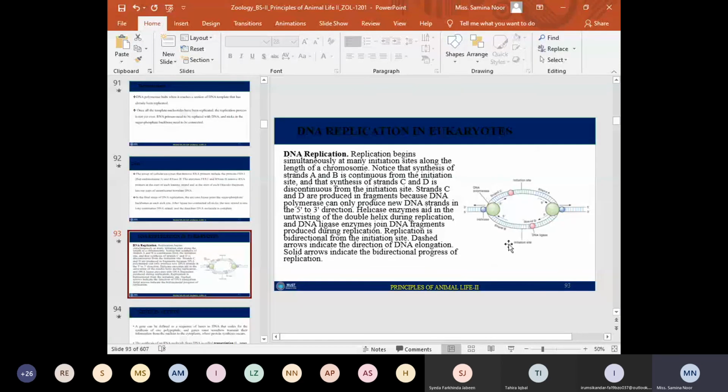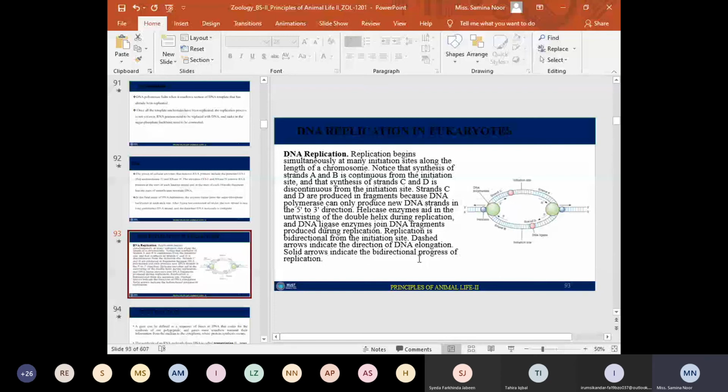Once again, you can see in the figure a replication bubble and two replication forks. Here is an overview of the process of DNA replication. DNA replication begins at the initiation sites or origin sites along the length of the chromosome.